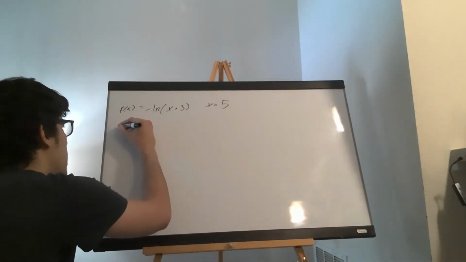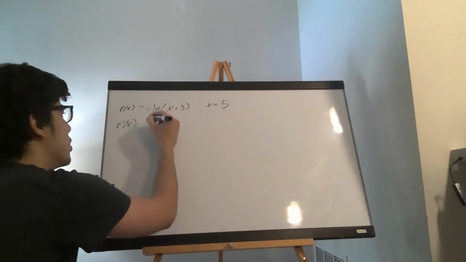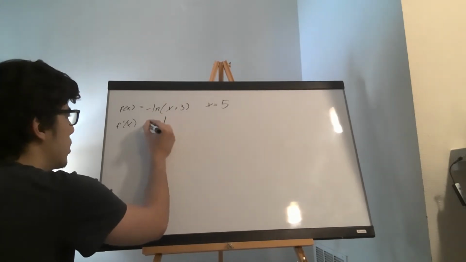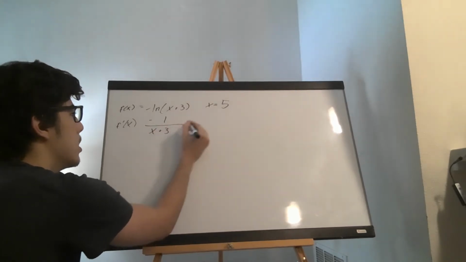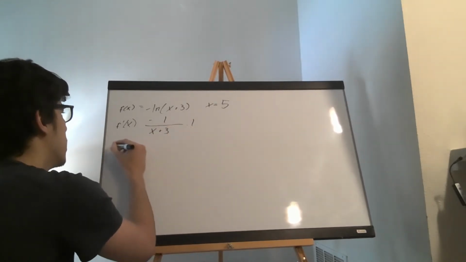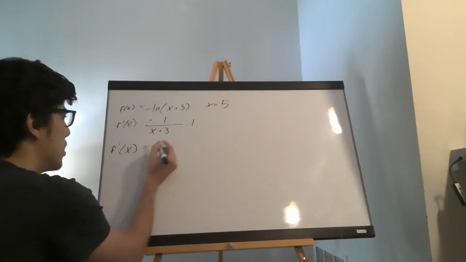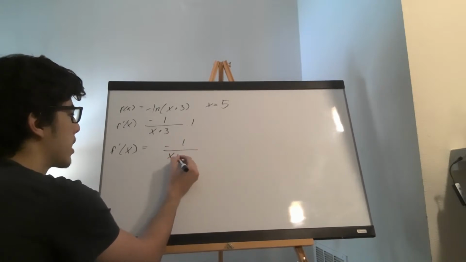So f prime of x, if we follow the chain rule, should look something like this. Negative 1 over x plus 3 times 1. So f prime of x is equal to negative 1 over x plus 3.